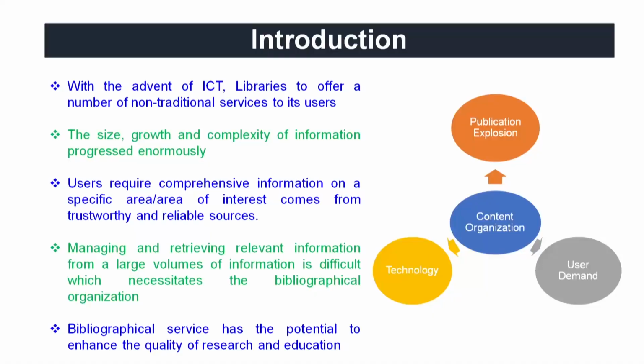The traditional services you have been giving a user have completely changed from the old traditional library mechanism to modern libraries. So we have to provide some additional services, expecting that they will be highly beneficial for the users. Bibliographic service is one such service a library can provide for the users.